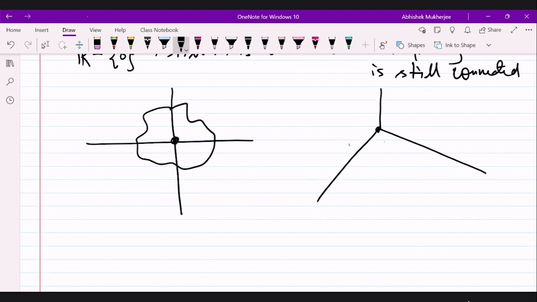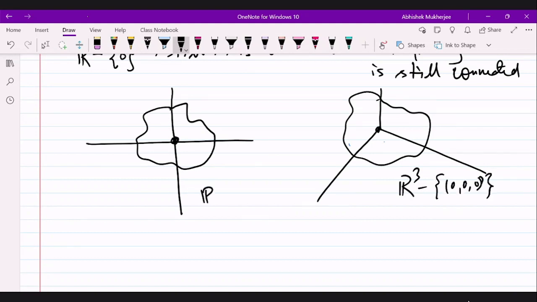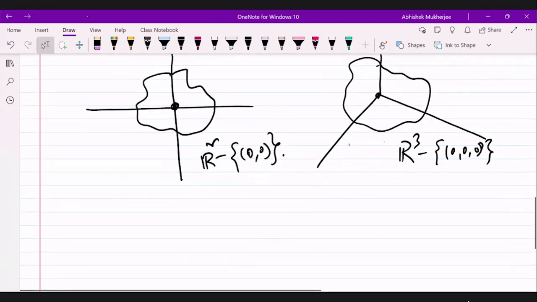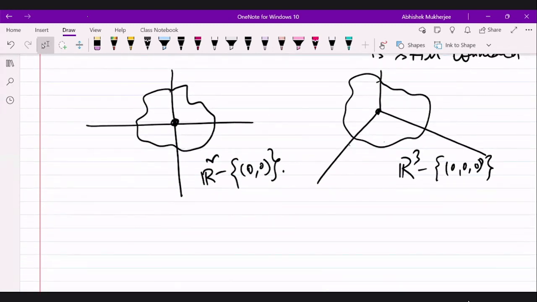So this is R3 minus 0, 0, 0, and this is R2 minus this point. Now a problem arises here: this path cannot be deformed to a point continuously because of this hole, right?